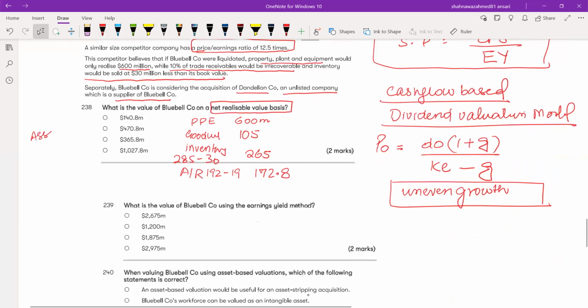So let's calculate the asset value and liabilities 662, and the assets on the basis of realizable values, it's 600 plus 105 plus 265 plus 172.8. It's 1142.8. This is the asset including goodwill.